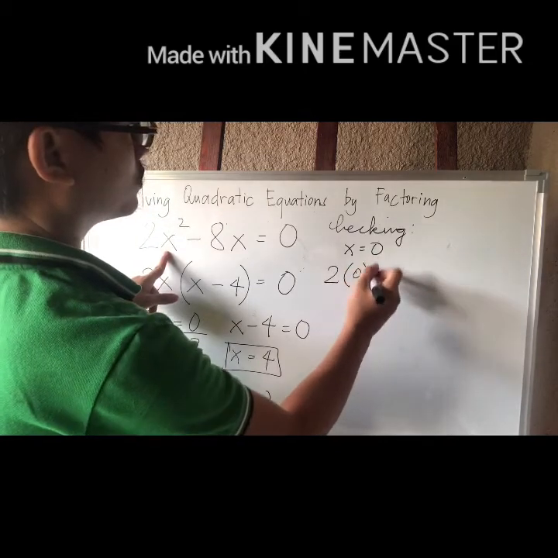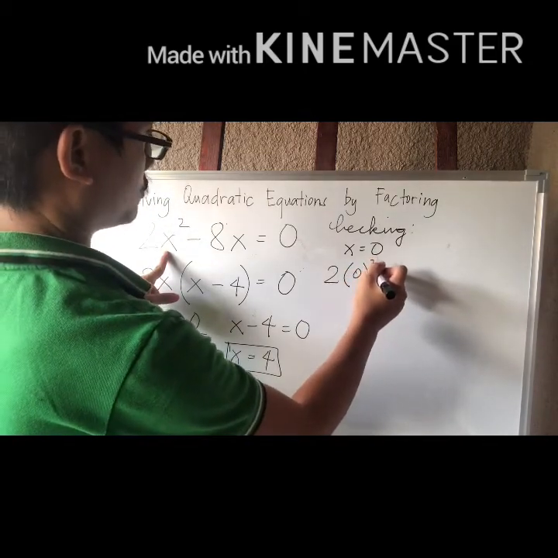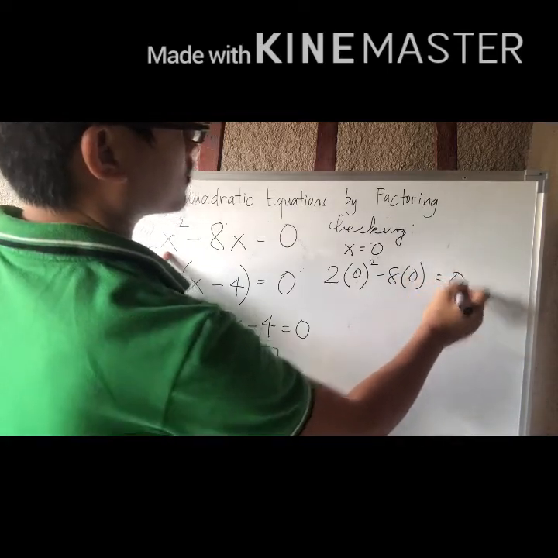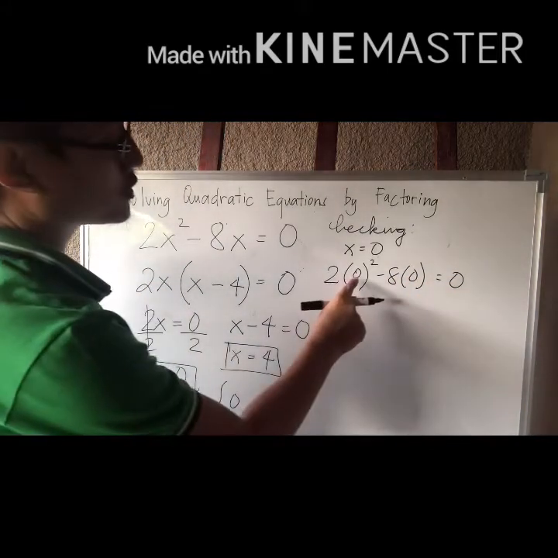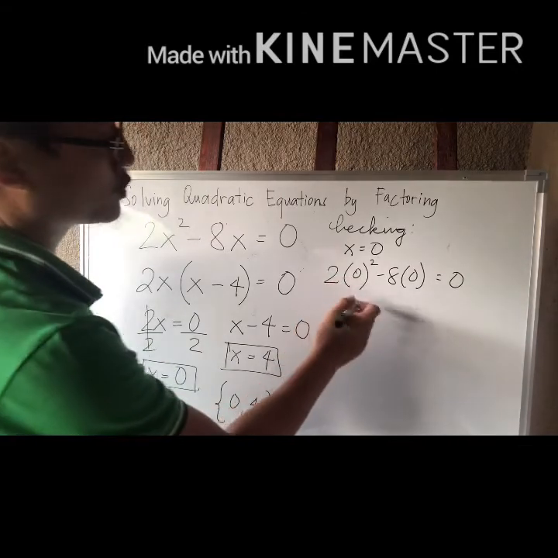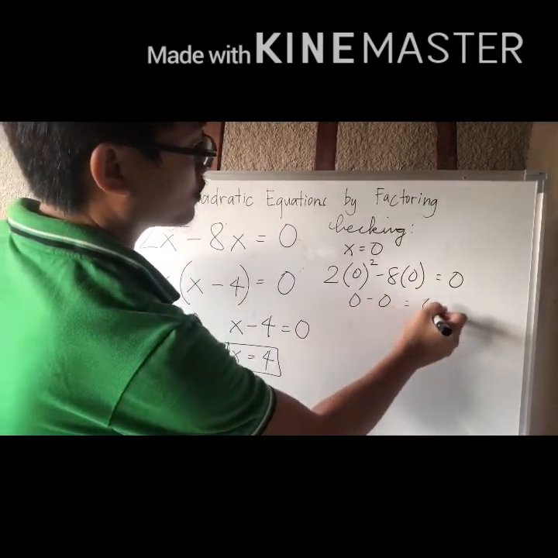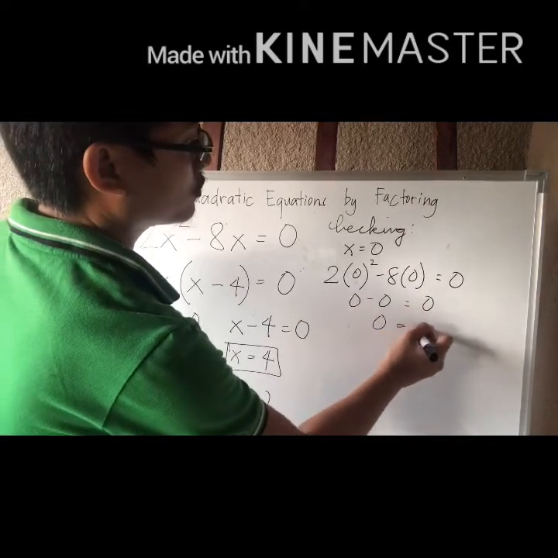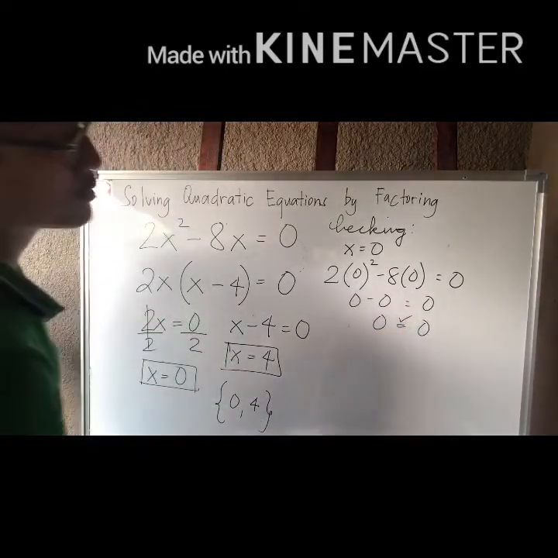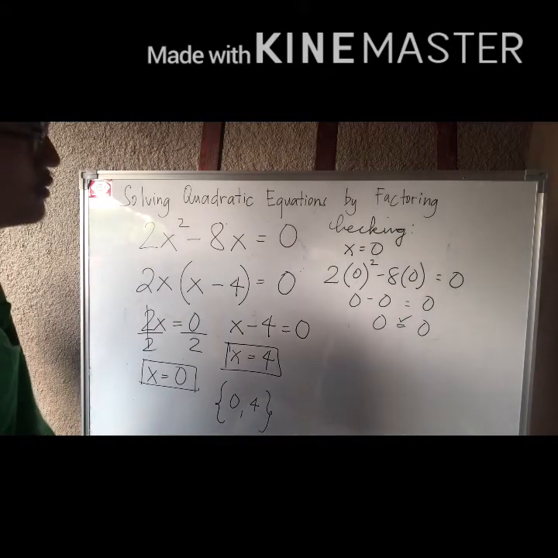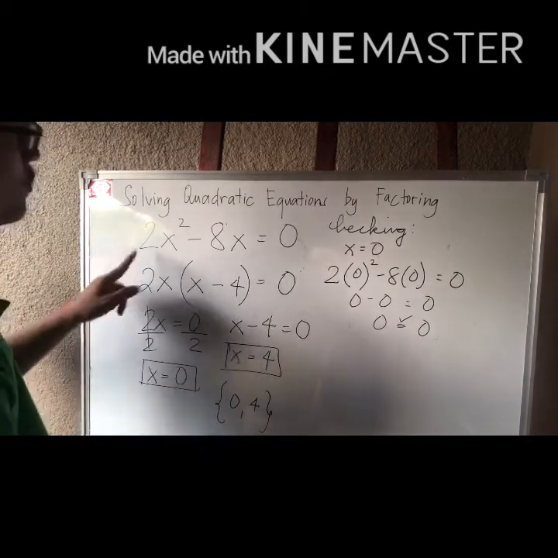So 2 times 0 squared minus 8 times 0 equals 0. So we know that 0 squared is 0, times 2, that is 0. 8 times 0 is 0. So 0 minus 0 equals 0. 0 is equal to 0. So that satisfies the equation.